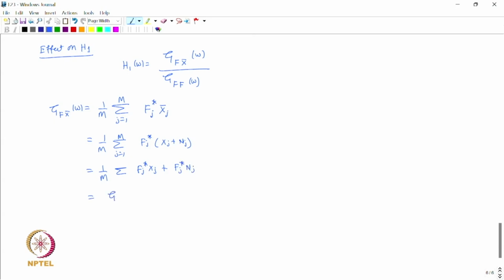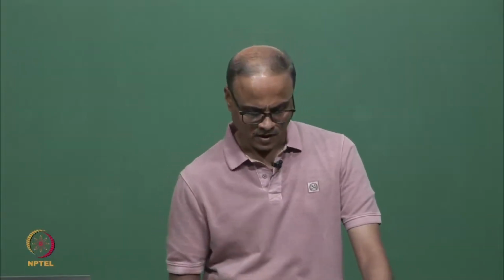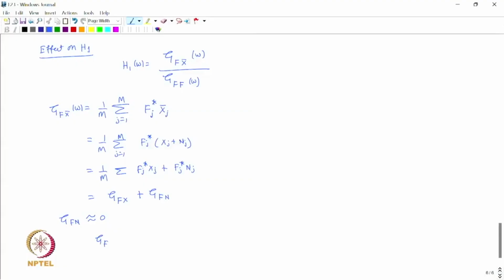So the first quantity can be written as the cross spectrum between f and x, right, and the second quantity is nothing but the cross spectrum between the force f and the random uncorrelated noise n. Now here this G f n will be approximately 0, it will tend to 0 for large number of averages, because the noise signal is uncorrelated with the force signal, okay, and therefore G f x bar omega will be equal to G f x, correct.